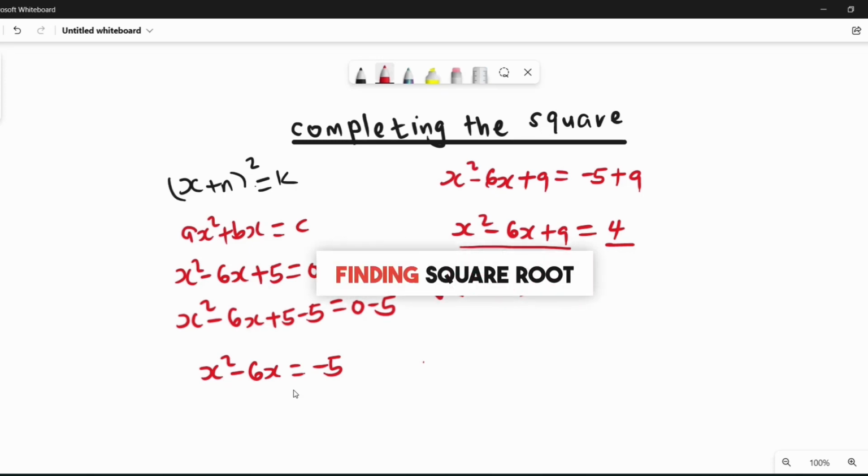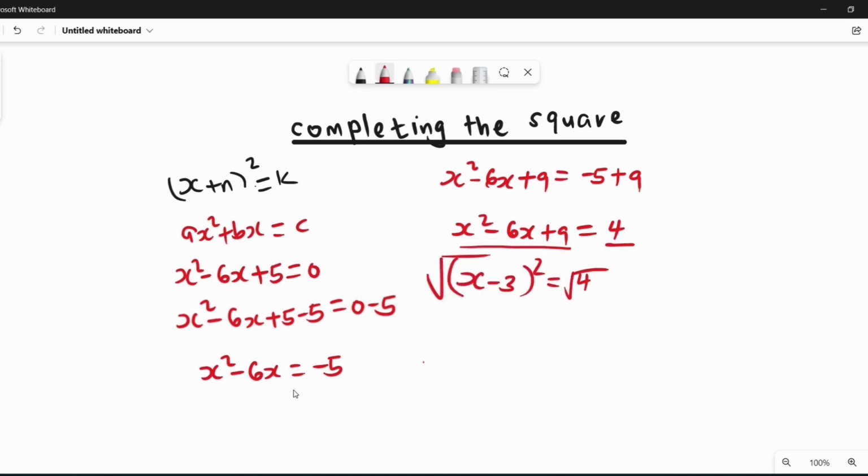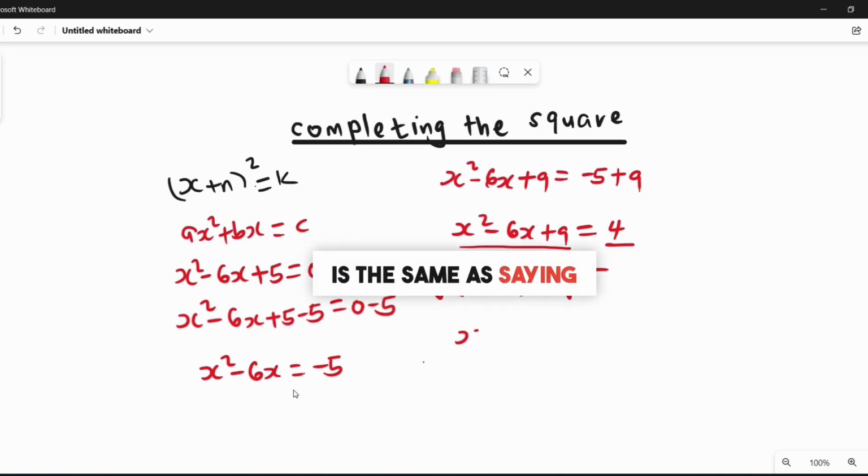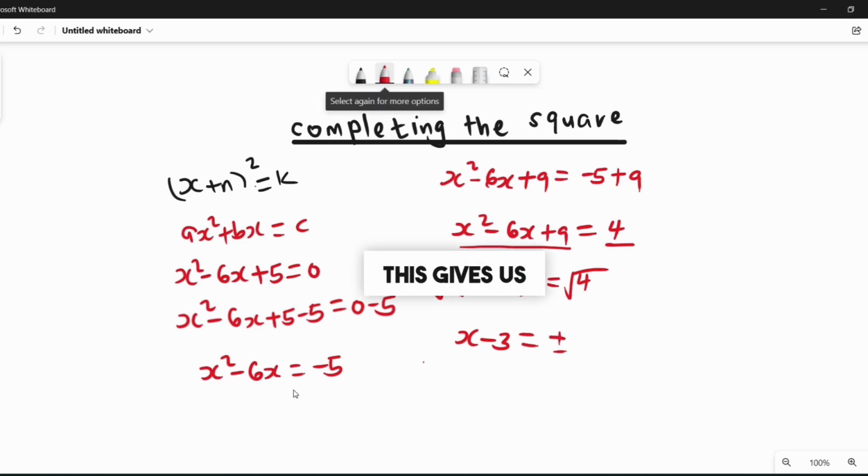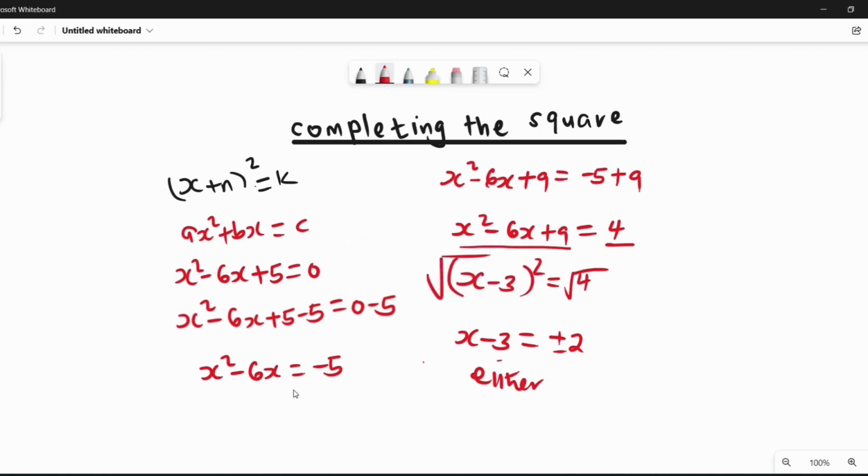Now finding the square root on both sides gives us x - 3 = ±2. So we're going to have two values of x, either x - 3 = 2 or x - 3 = -2.